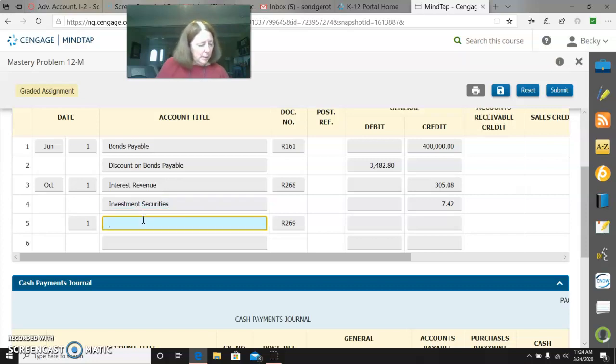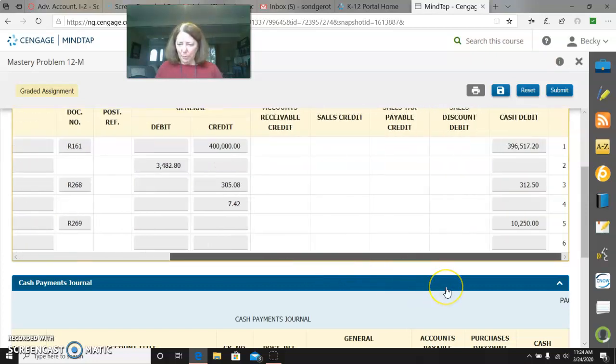And then on October 1st, we sold the investment in those bonds for $1,025 per bond.